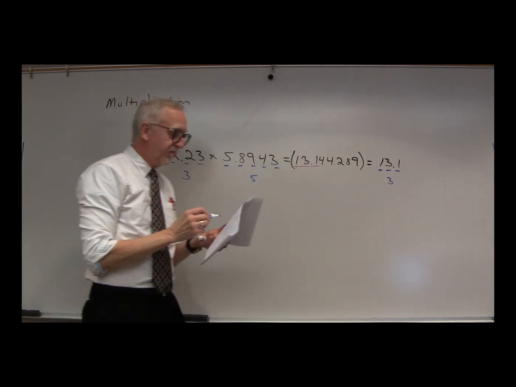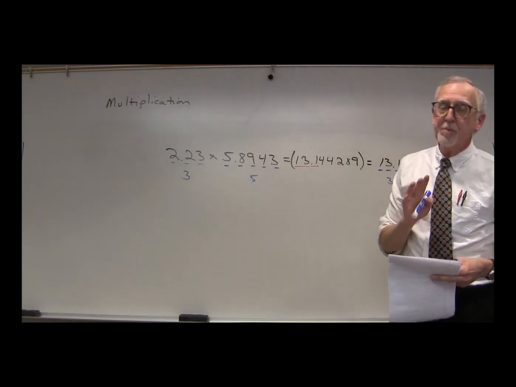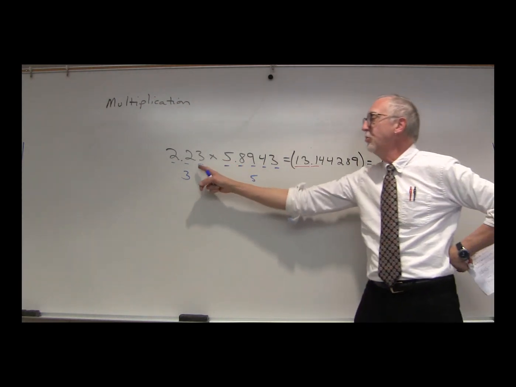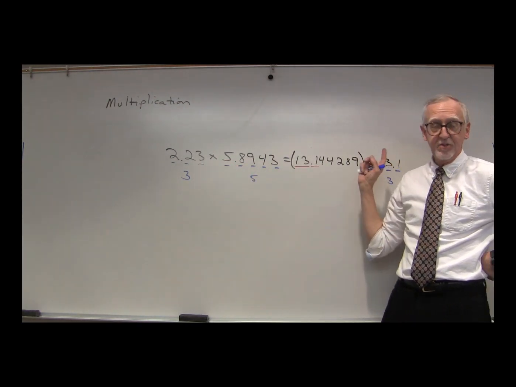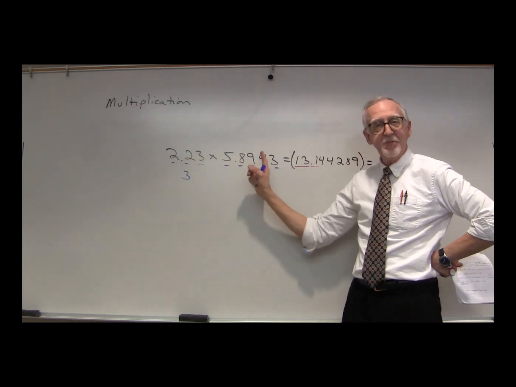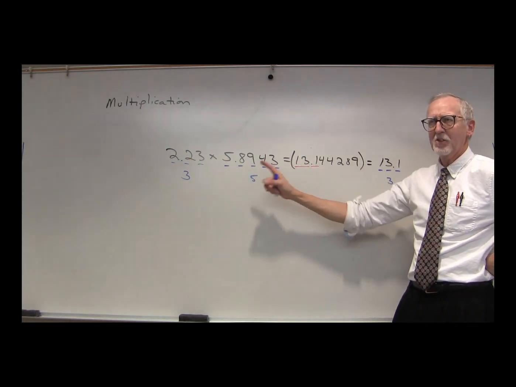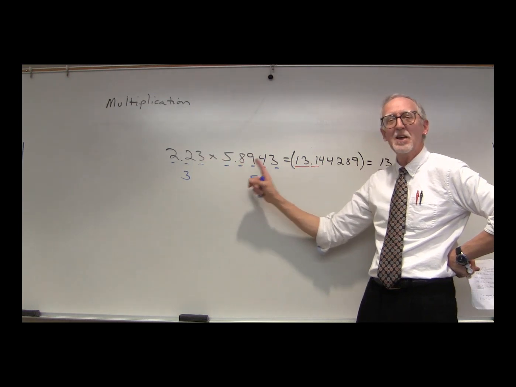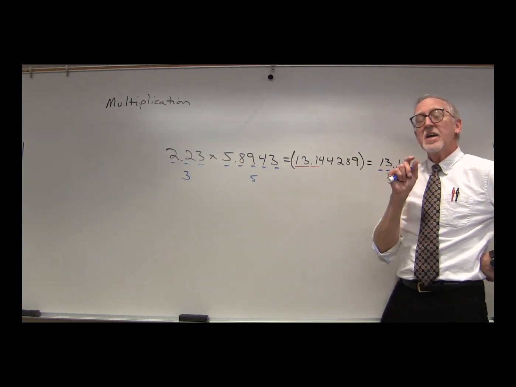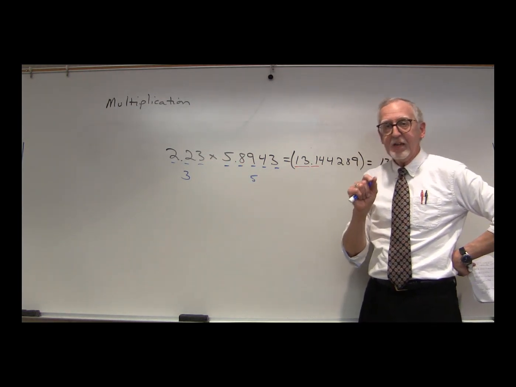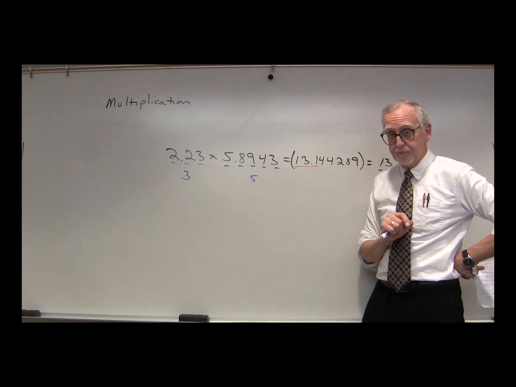The general rule of thumb is when you are multiplying numbers, and it doesn't have to be just 2 numbers, if you have a whole string of numbers that you're multiplying, A times B times C times D times E, whatever. Count the number of significant figures in each of those quantities.